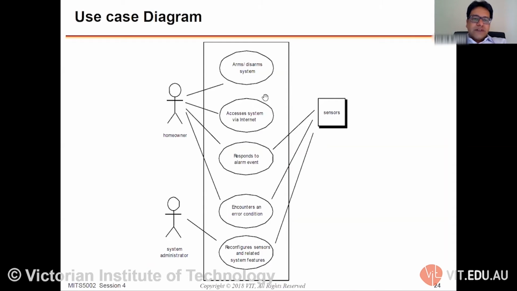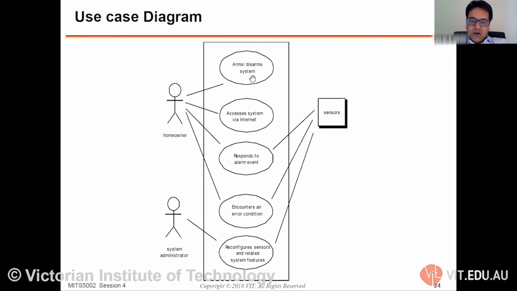Now for another example of a use case diagram: here we have the homeowner, the system administrator, and the sensors. Sensors are devices, right? Say the homeowner arms and disarms the system, for example, if there is an alarm system, and accesses the system via the internet.